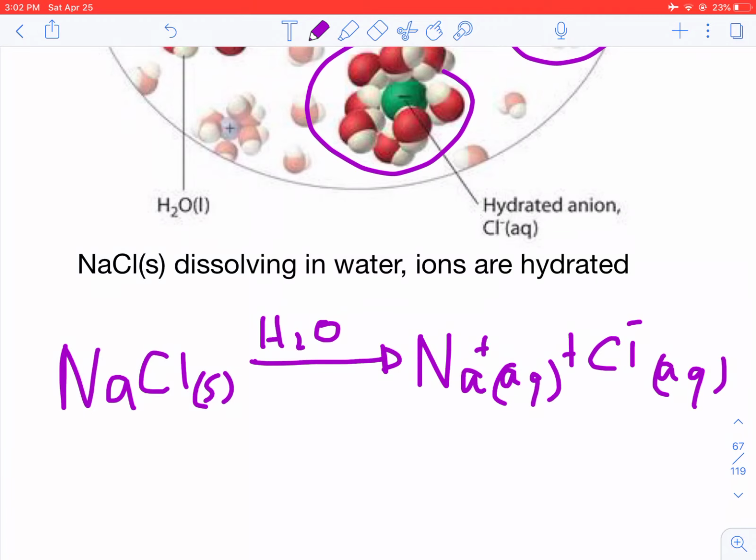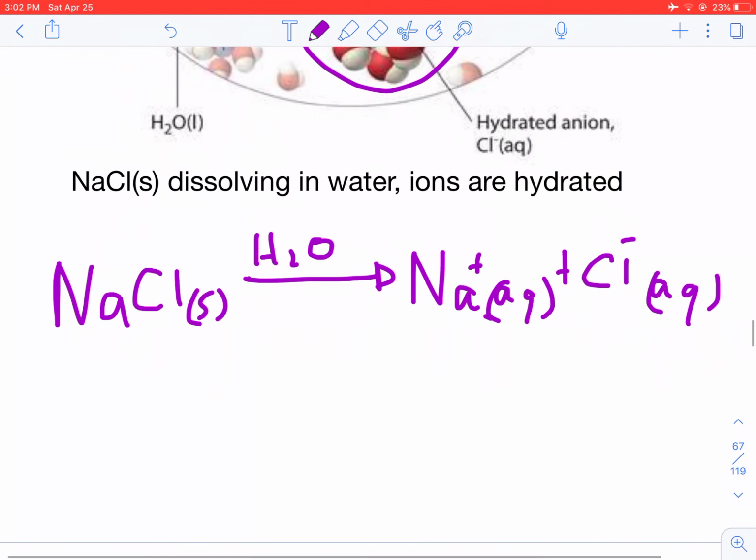So the solid, when dissolved in water, breaks up, and the ions are hydrated, and you have sodium ions and chloride ions. These are the ions in a solution that can move, and therefore it forms an electrolyte. When sodium chloride dissolves in water, it's considered to be an electrolyte, and these ions can then move.